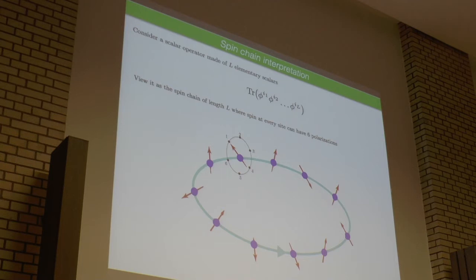If you change them, you get another state, so you get different states of this spin chain. At each position you can have 6 states, and at another position another 6, and so on. So in general you have many states, 6 to the power L states: 6 times 6 times 6, and so on.